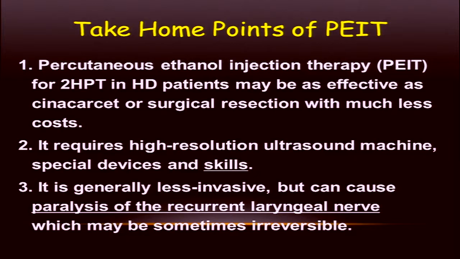I never heard that it may cause laryngeal nerve paralysis. So when you feel comfortable with echo and injection, then you start with ethanol injection, which is cure-oriented.